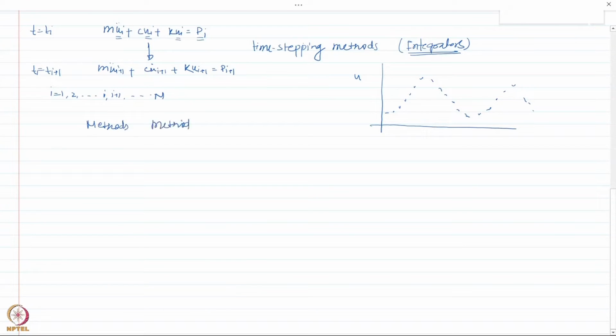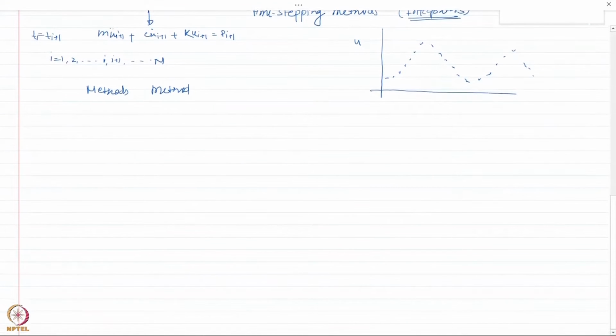If a single method is there that can do the task, then why do I need multiple numerical methods? Well, it depends on many criteria.